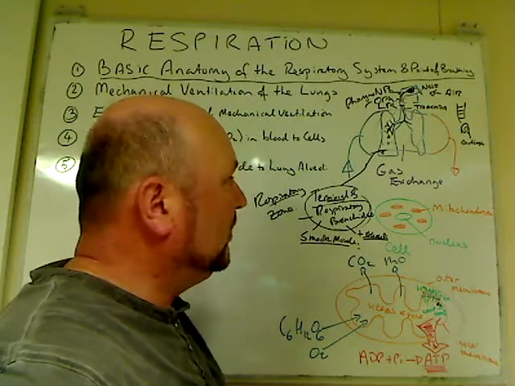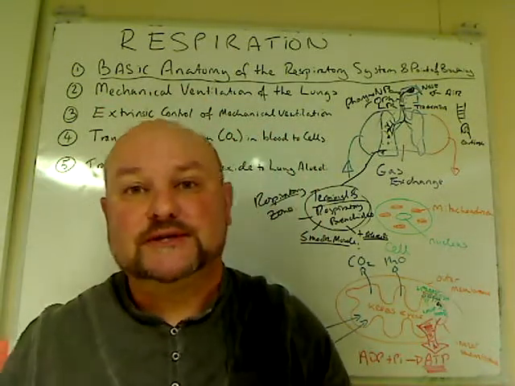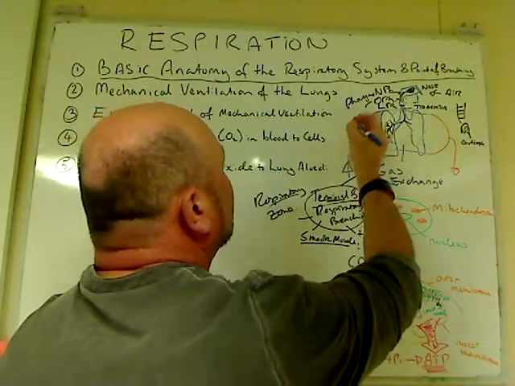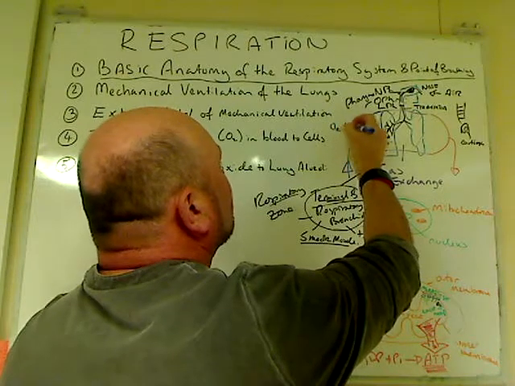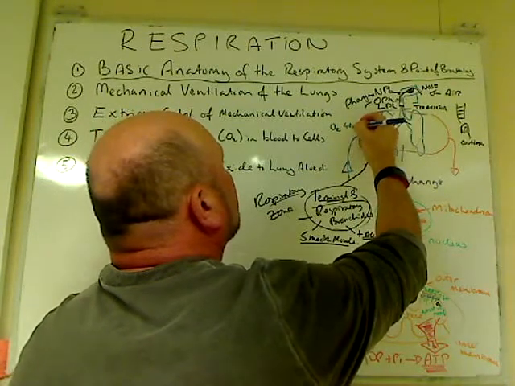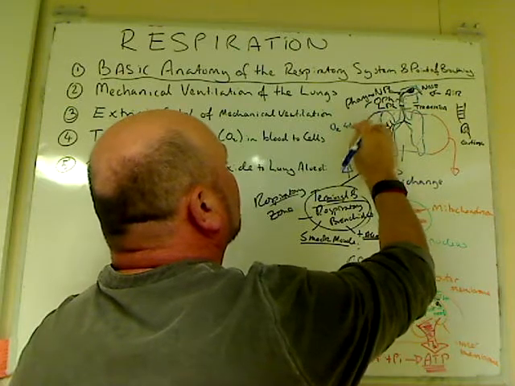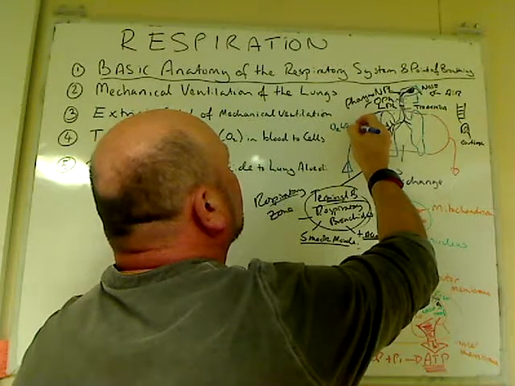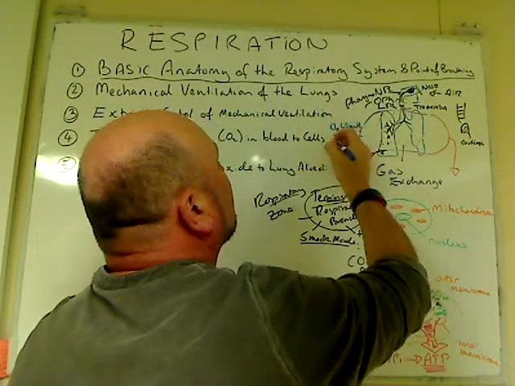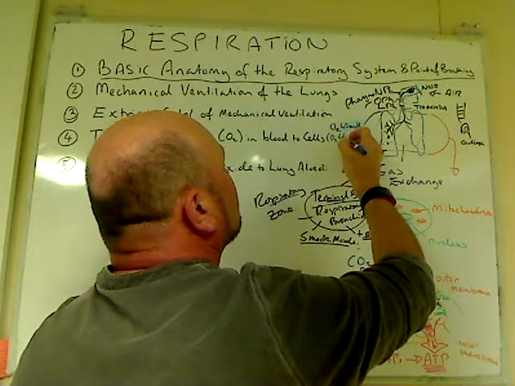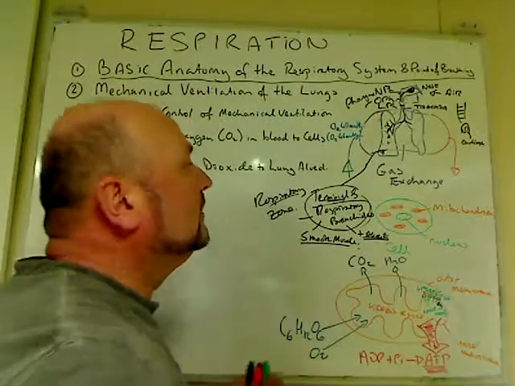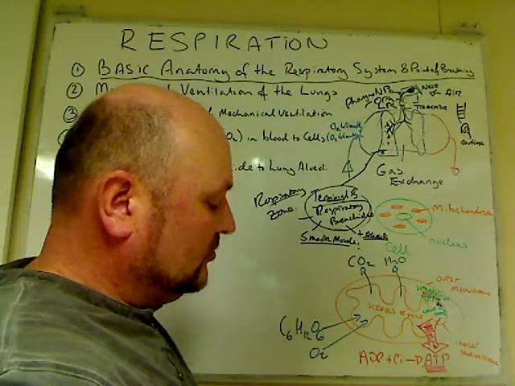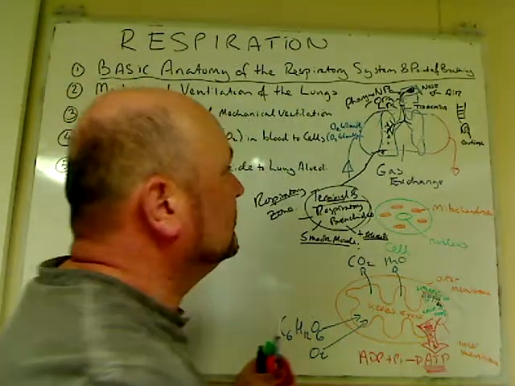Now I'm going to put a few numbers up here, and we're going to look at this when we look at transport of oxygen and carbon dioxide. But in deoxygenated blood, the partial pressure of oxygen is 40 millimeters of mercury. Let me draw that. And carbon dioxide is 46 millimeters of mercury on the deoxygenated side. Once it goes through the lungs, the oxygen increases.